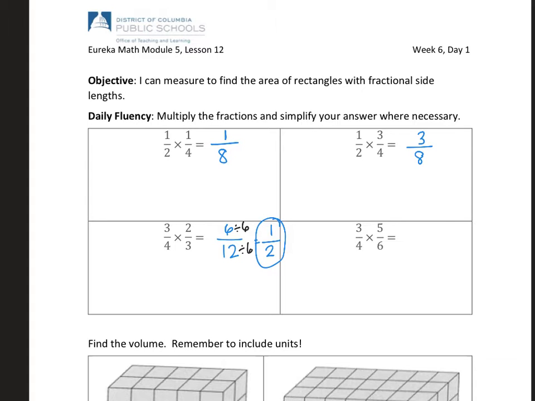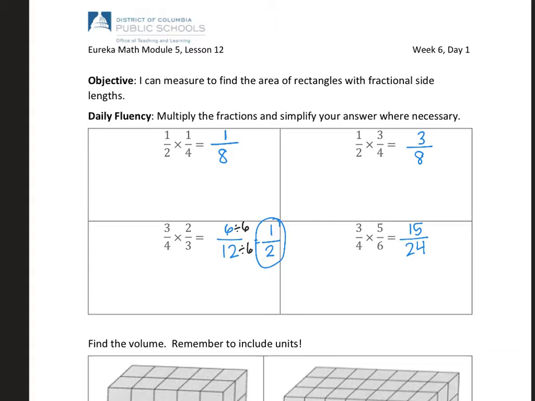And then I have 3/4 times 5/6. 3 times 5 is 15. 4 times 6 is 24. Again, I want you to think, what is the biggest number that goes into 15 and 24?